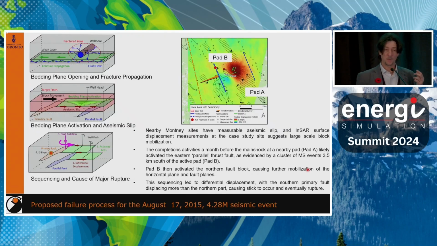So basically, Thomas came up with a process for the failure that was experienced in 2015, putting together the observations in the field and the observations in the lab. What we think happened was that during the stimulation, the bedding plane opening played a key role.